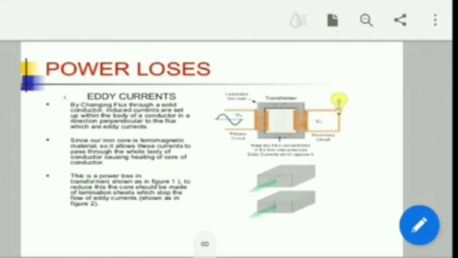Since our iron core is a free magnetic material, it allows these currents to pass through the whole body of the conductor, causing heating of the core. This is a power loss in the transformer. To reduce this, the core should be made of laminated steel, which stops the flow of eddy current.